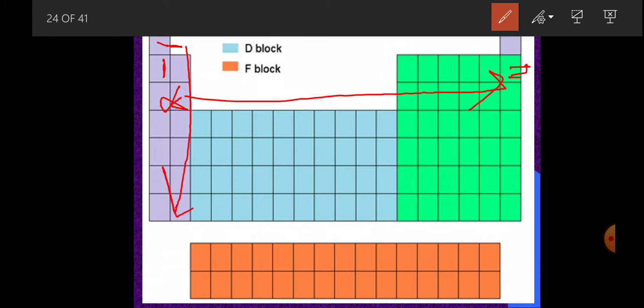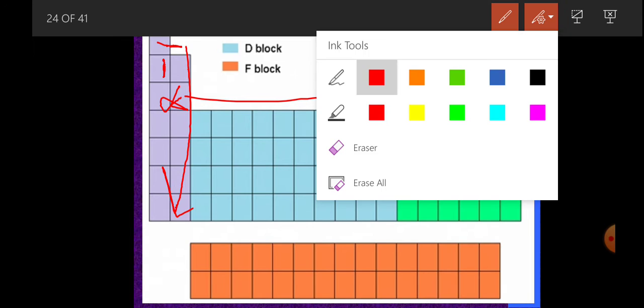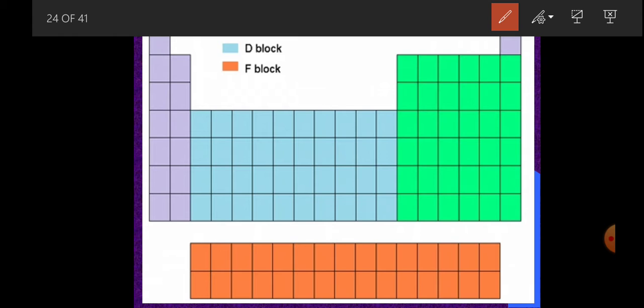In the groups, every element that has the same number of electrons in the outermost energy level will belong to the same group. In the period, they'll have elements that have the same number of energy levels. For example, group 3 is this group at this particular point.